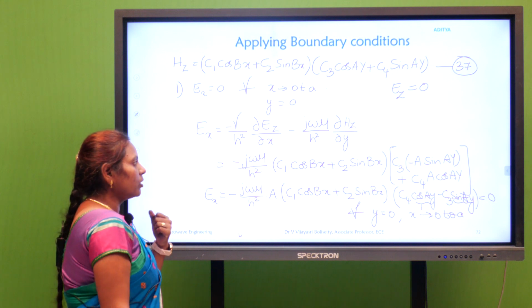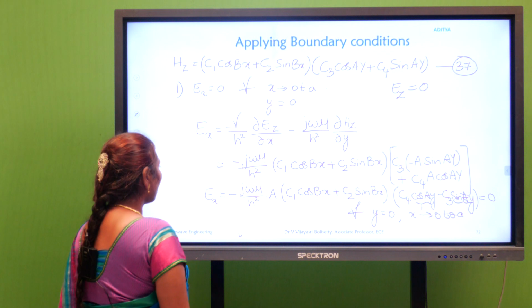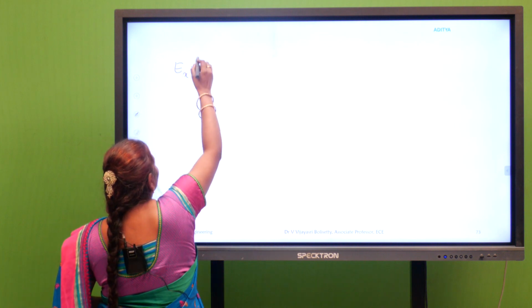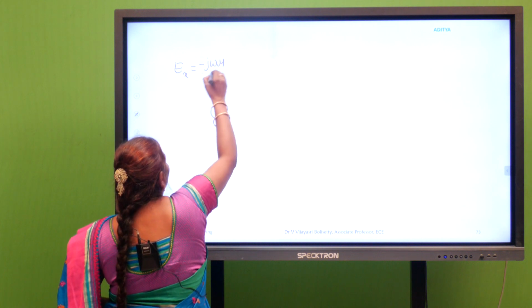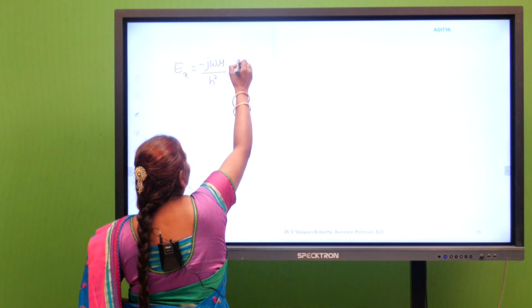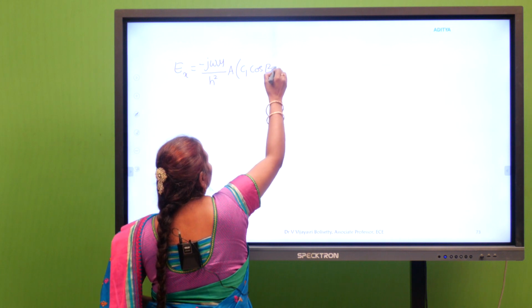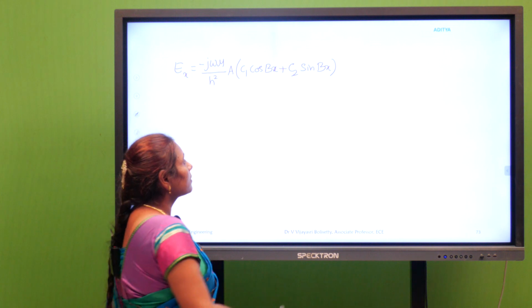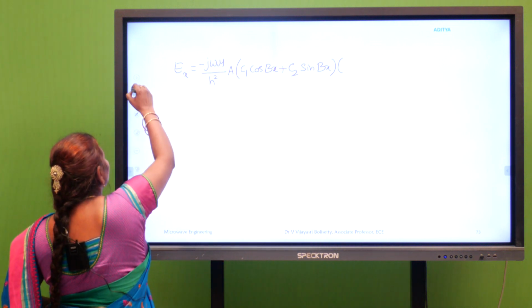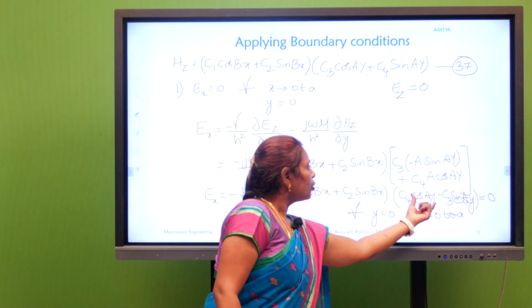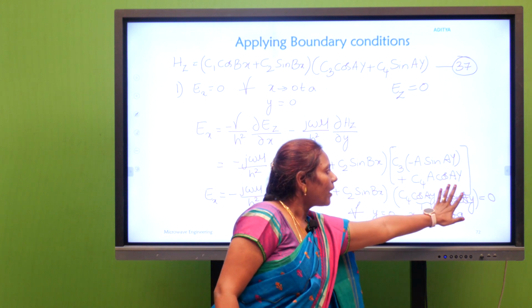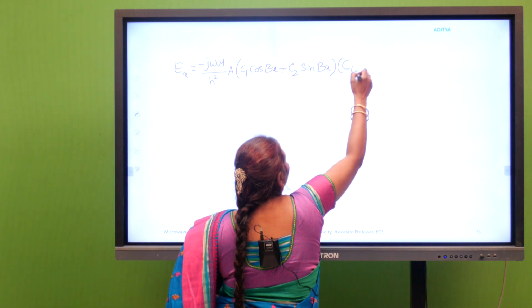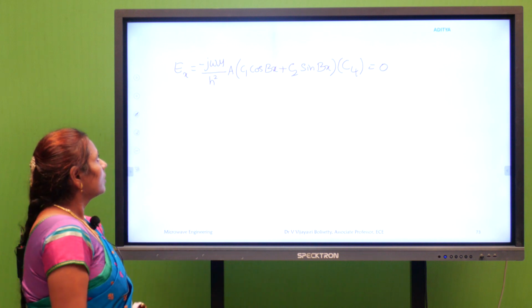So we are going to get Ex equal to minus j omega mu by h square a into (C1 cos bx plus C2 sin bx) into C4, which is equal to 0.